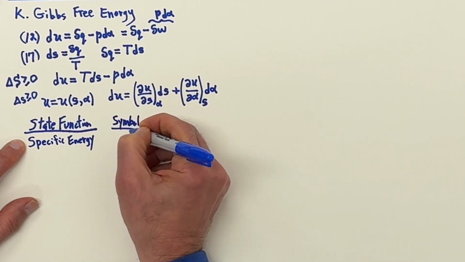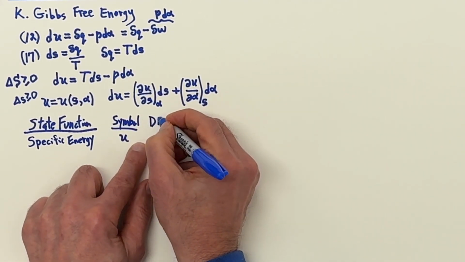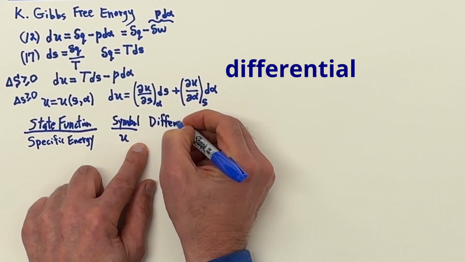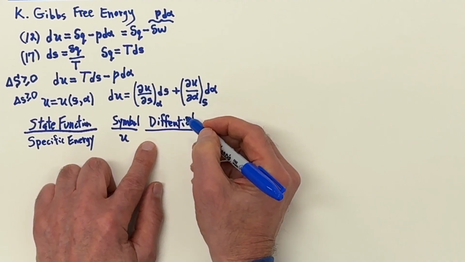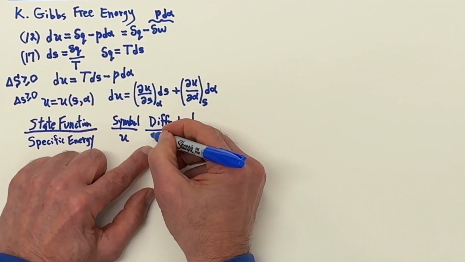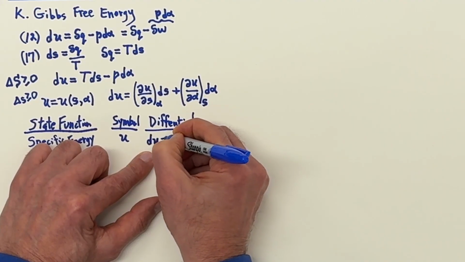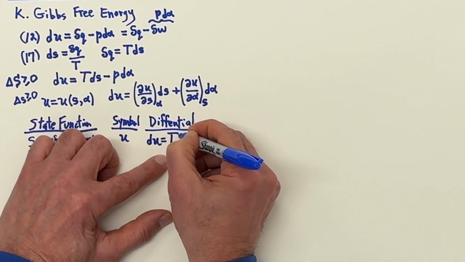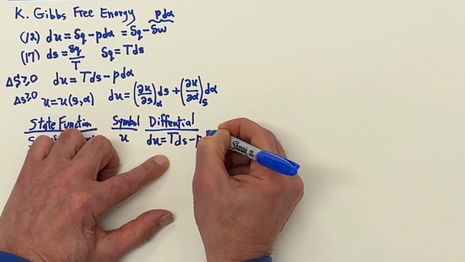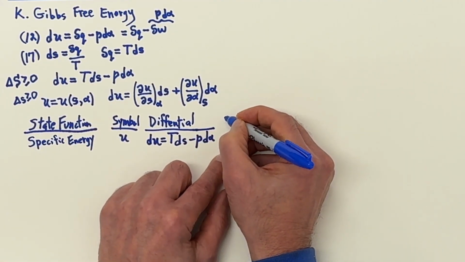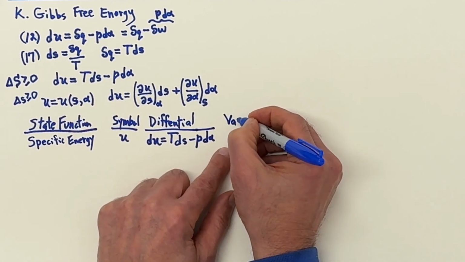We'll have little u, and then the differential, which will be here what we have up here. So we have the differential du is T ds minus P d alpha. And then I'm going to write down over here the variables s and alpha.